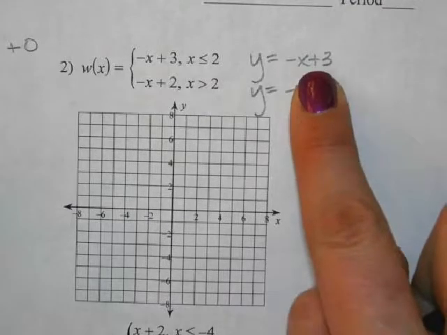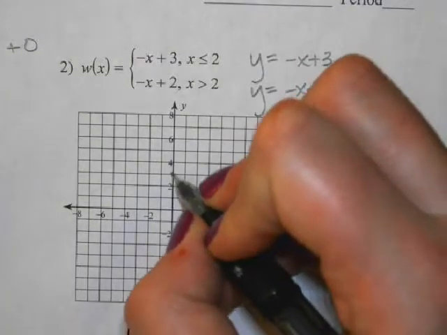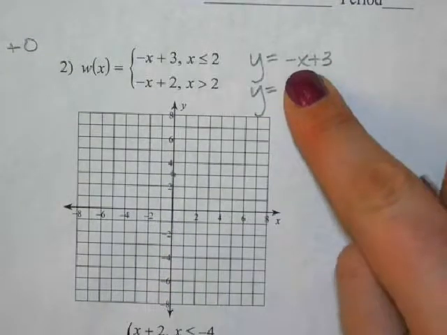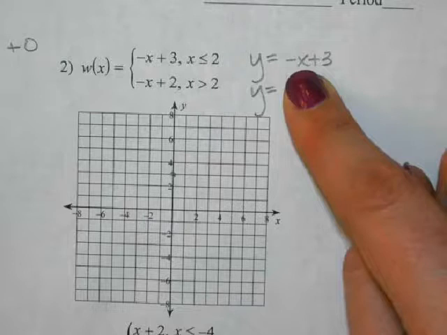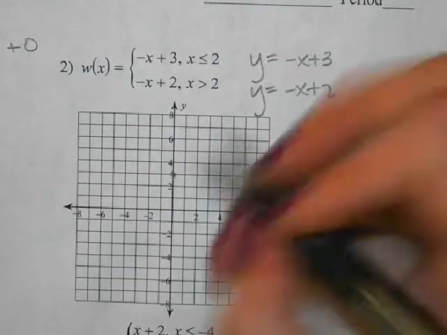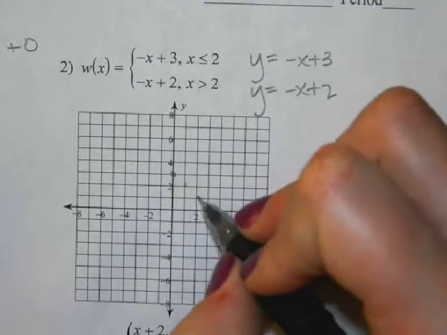So with the first one, what's my y-intercept? 3. And then what's my slope? -1, and if I was to think of that as rise over run, down 1 over 1, down 1 over 1, down 1 over 1. Okay, so I'm going to go down 1 to the right, down 1 to the right.